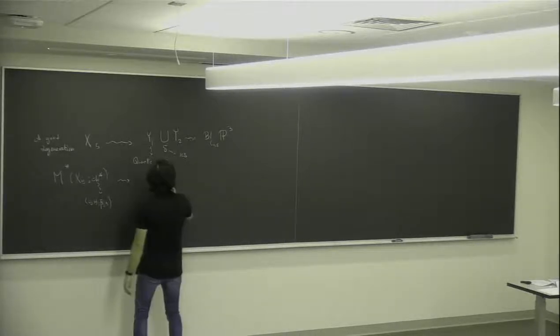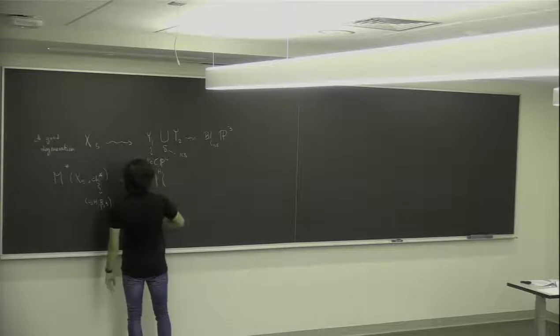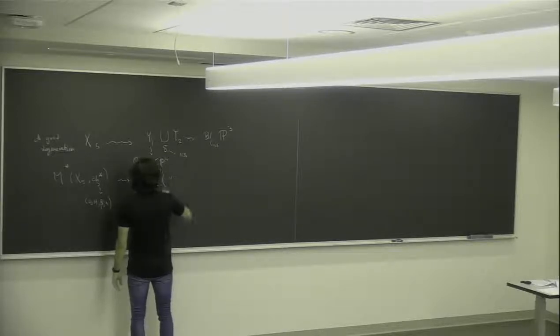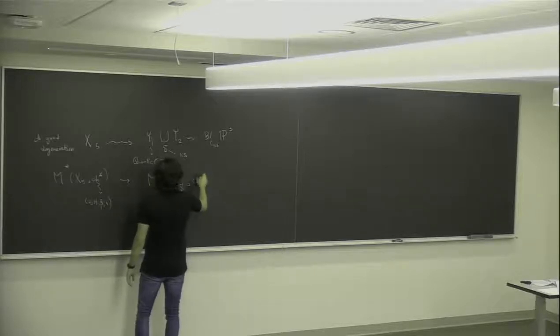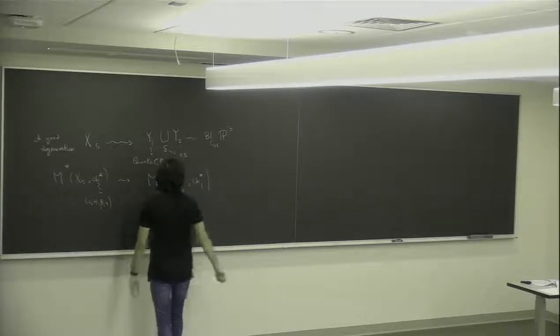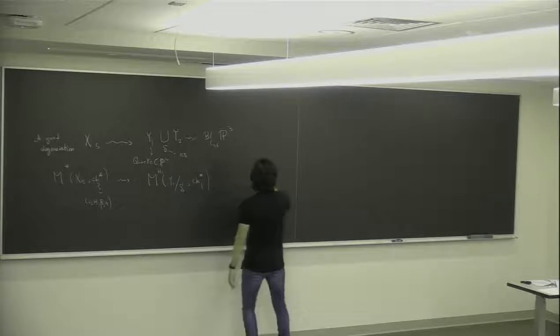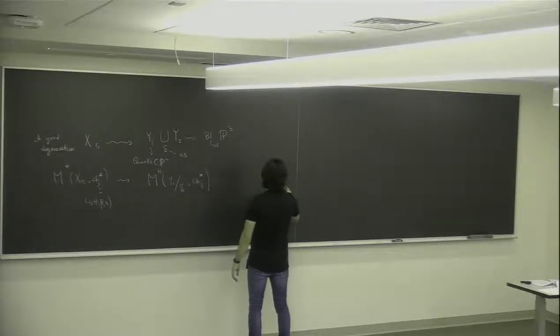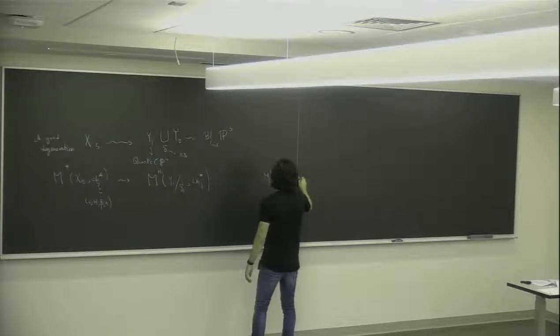So we have the moduli space of H1-stable sheaves on Y1 relative to S with some choice of Chern character 1, and the moduli space of H2-stable sheaves on Y2 relative to S with some Chern character 2.